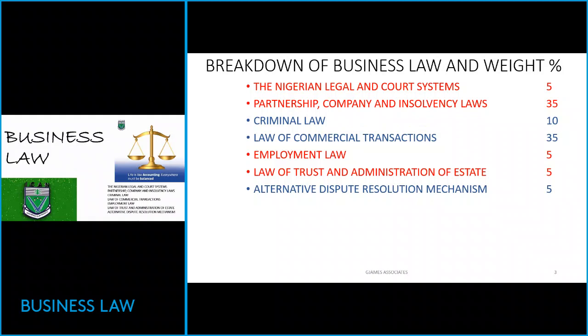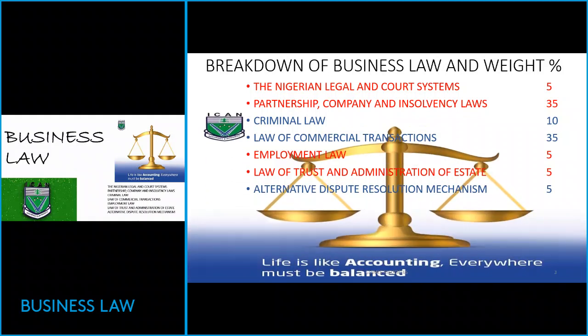The law of commercial transaction 35% of the syllabus. Employment law 5%. Law of trust and administration of estates 5%, and last but not the least, ADR, that is alternative dispute resolution mechanism, 5%.